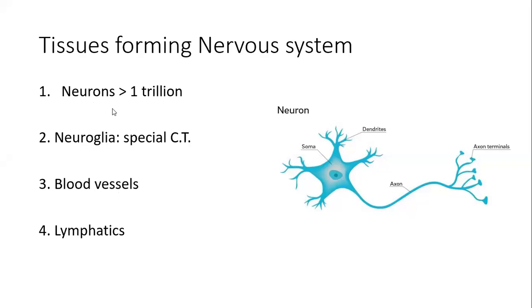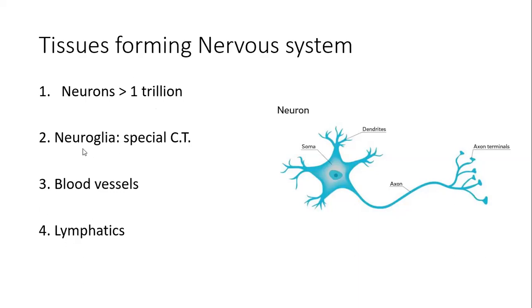So what is a neuron? A neuron is the structural and functional unit of the nervous system that is concerned with the conduction of nerve impulses. It is said that in a human body, more than 1 trillion neurons are present.